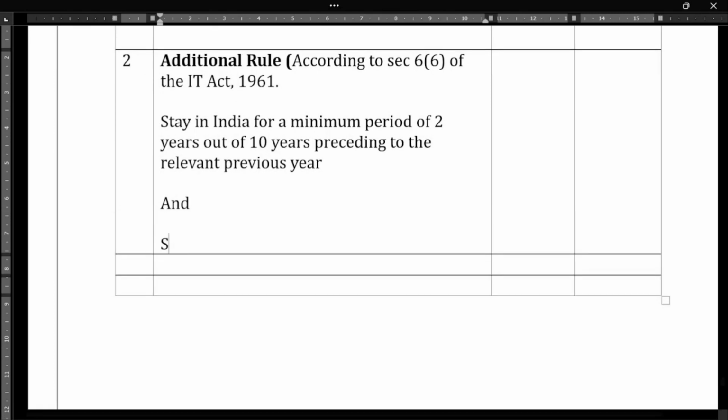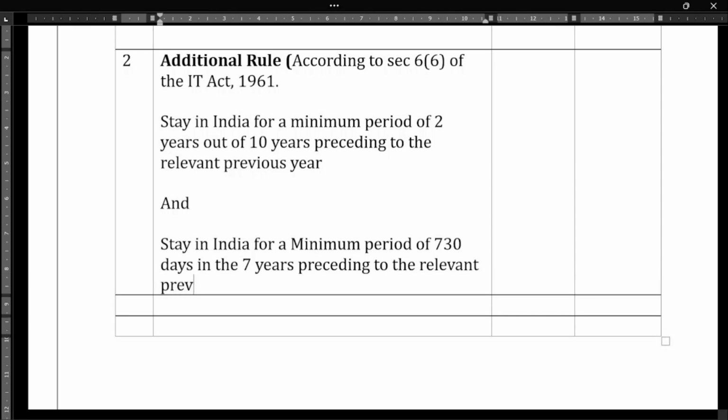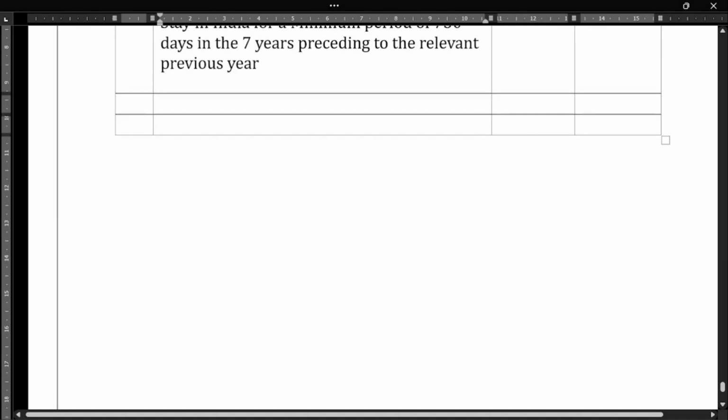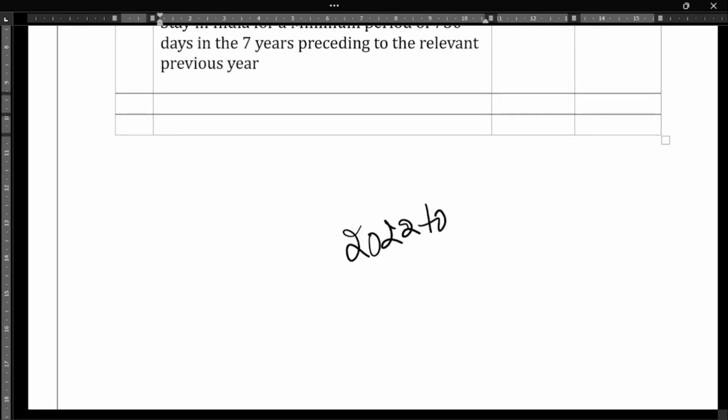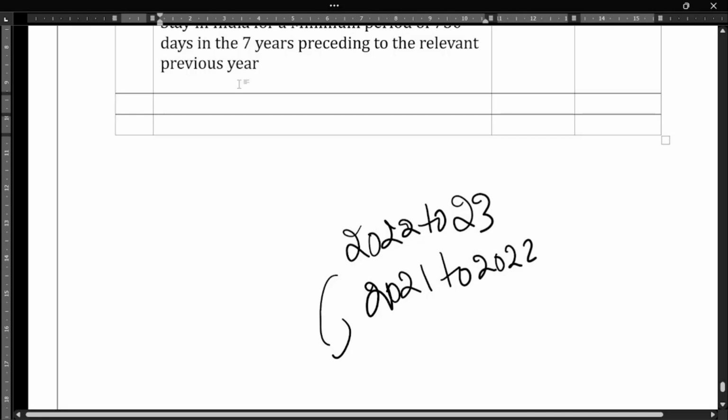The second condition is: stay in India for a minimum period of 730 days in the 7 years preceding the relevant previous year. Our previous year is 2022-23, so we have to start counting from 2021-22. Let us start counting.